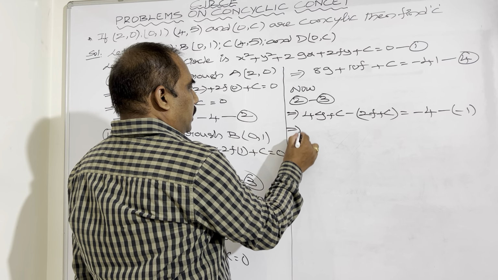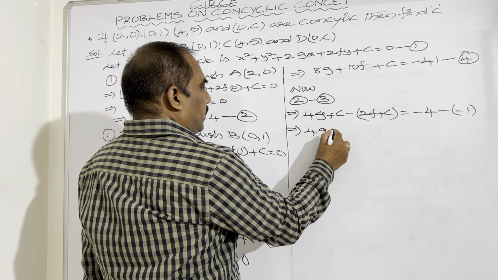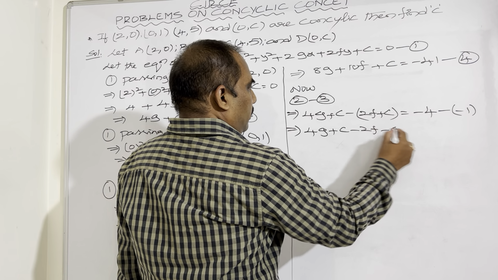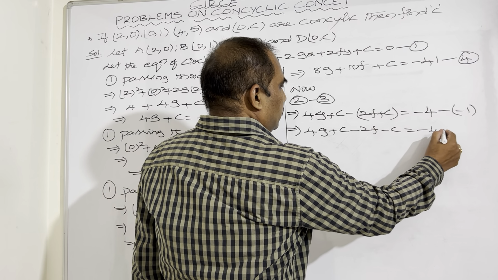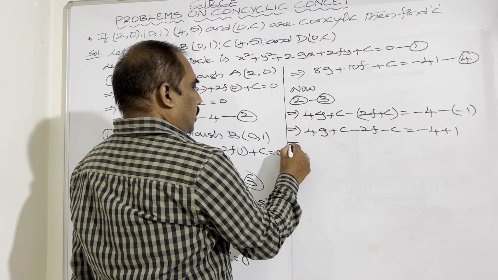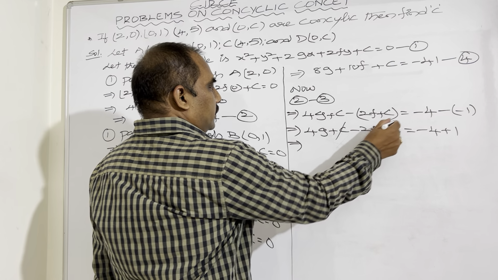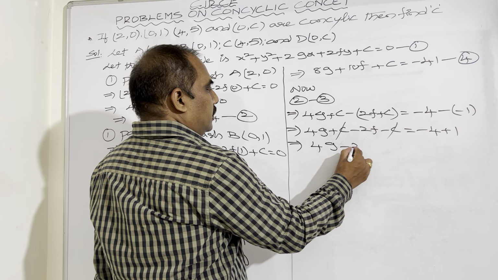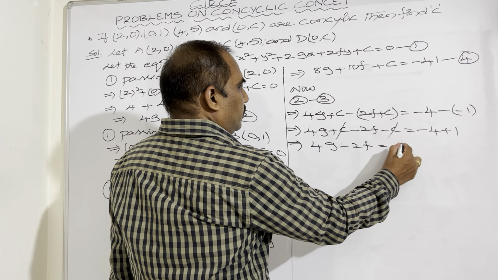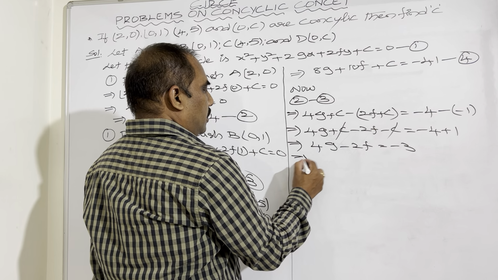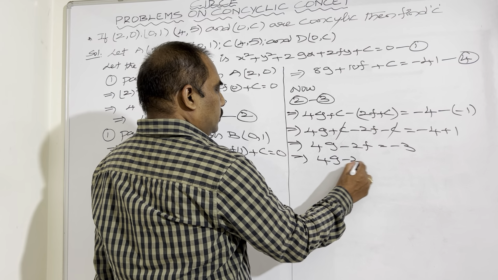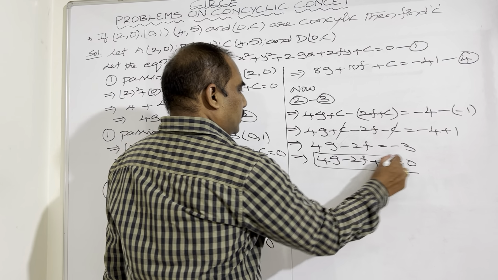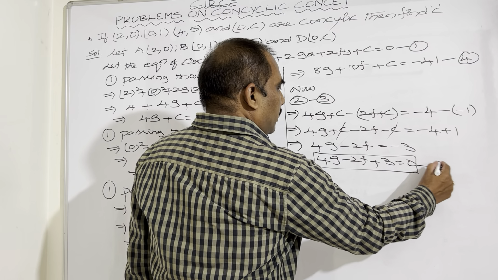Now 4g plus c minus 2f minus c is equal to minus 4 plus 1. The c gets cancelled and we get 4g minus 2f is equal to minus 3, so 4g minus 2f plus 3 is equal to 0. Say this is equation 5.